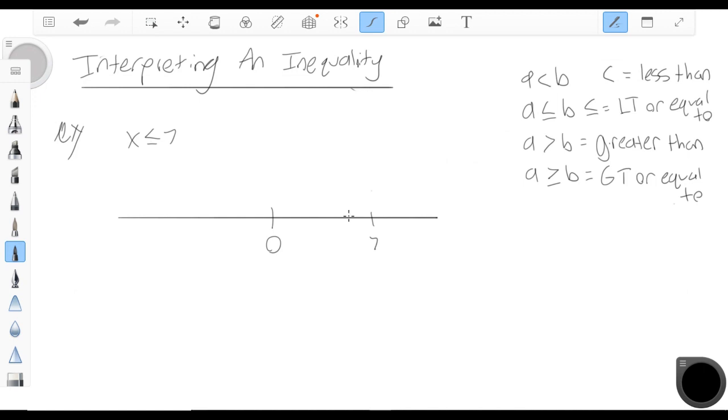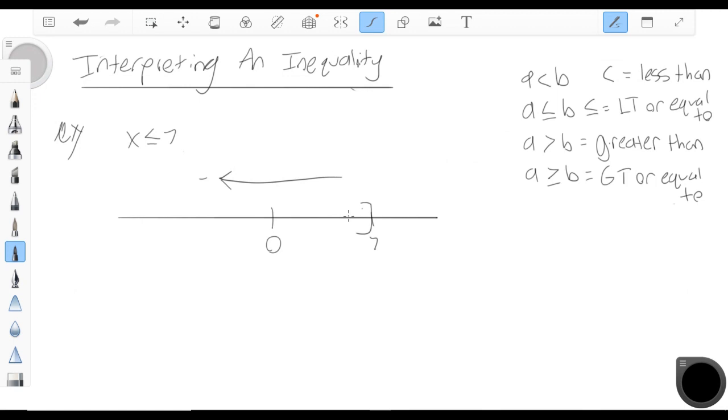And in real number line notation, when we include the number 7, meaning that x can be equal to 7, we represent it with a bracket. And since we're dealing with less than here, we want all of these numbers to be less than or equal to 7, we have the bracket opening towards the left side of the number line, indicating that all of these numbers are going to decrease in value as we go along this direction. And so we are only interested in numbers that are less than or equal to 7.